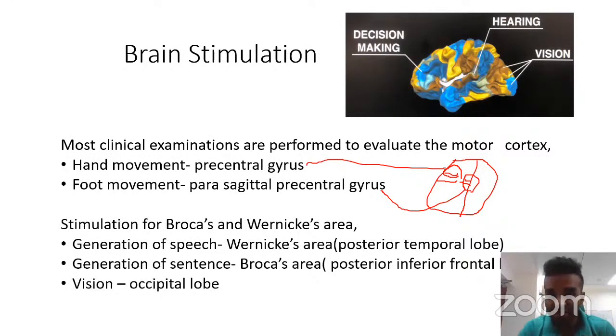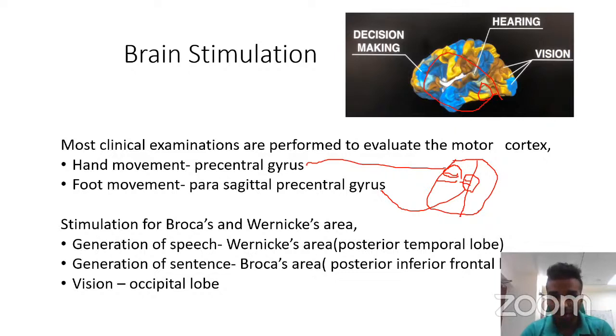And many more. You can see in this image, this is our temporal lobe. The temporal lobe is basically for hearing. And this posterior-most temporal region is also known as Wernicke's area. You could see Wernicke's area here. Wernicke's area controls the comprehension of speech.